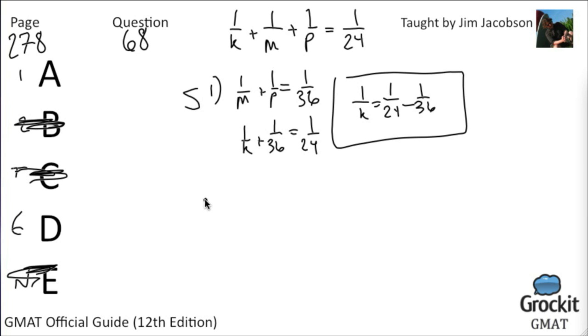Now the question is whether statement 2 is independently sufficient. Statement 2 tells us machines K and P working simultaneously and independently at their respective constant rates can complete the task in 48 minutes. So this tells us that 1 over K plus 1 over P equals 1 over 48.